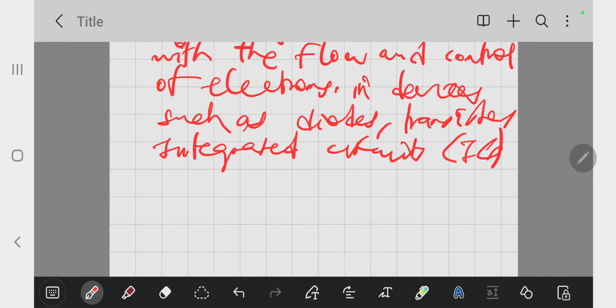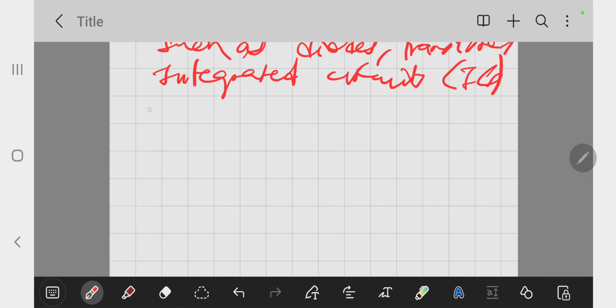So electronics is mainly about how electric current behaves in a device mainly made of a semiconductor material, for instance silicon or germanium. We can take note of that point.